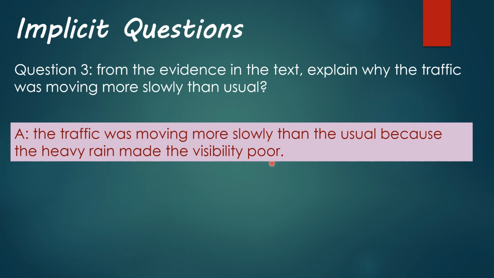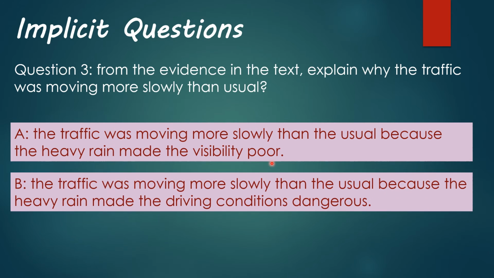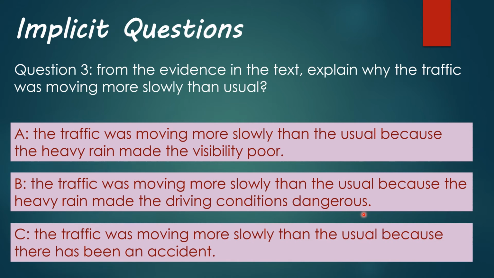Now this answer is not clearly stated there. By reading the text and looking at the given words, we have made this inference. Another answer can be: the traffic was moving more slowly than usual because the heavy rain made the driving conditions dangerous. This answer also makes sense, and it can be regarded as correct.